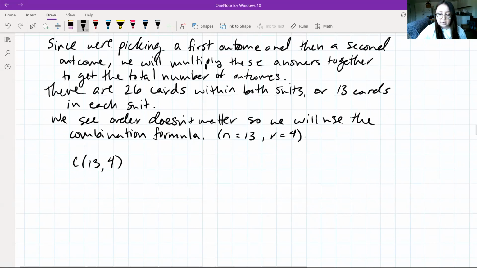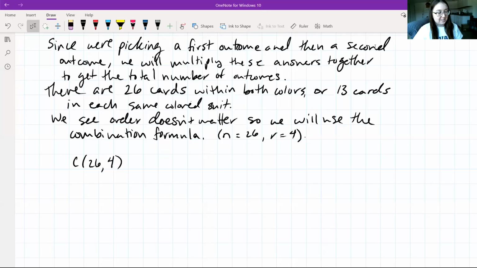All right, so I originally ran the wrong value here. So we have 26 cards that is going to be within each color of card. So there's going to be 26 red cards and 26 black cards with 13 cards in each same colored suit. So we see there's 13 cards in each suit. So there's going to be 2 suits of black cards and 2 suits of red cards, so 13 in each.